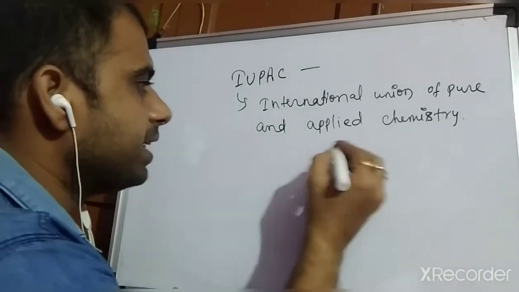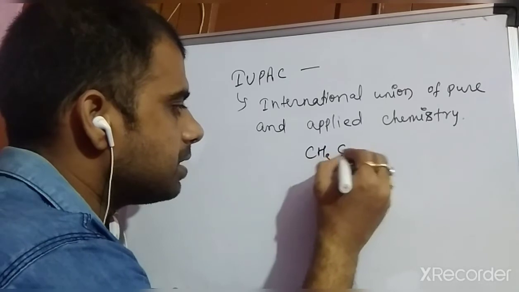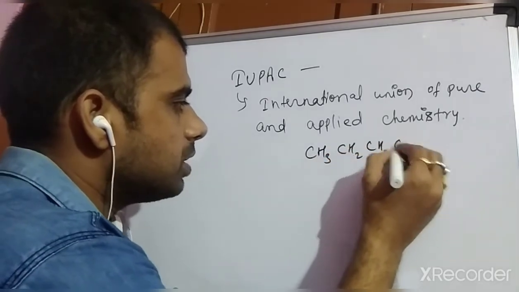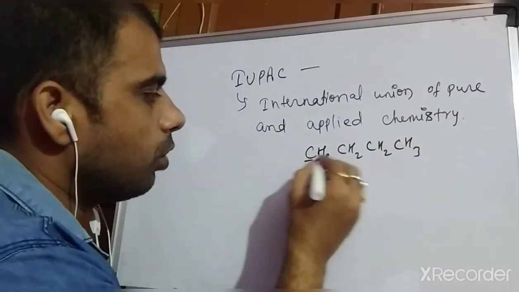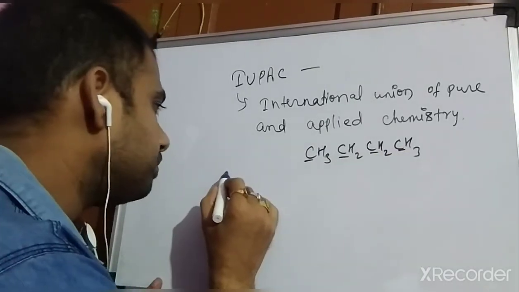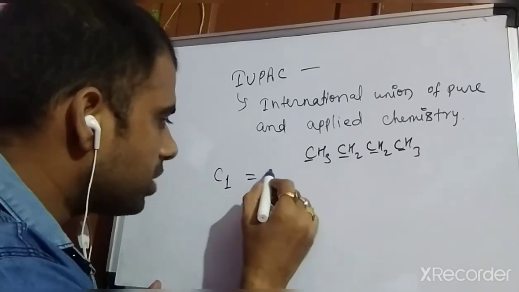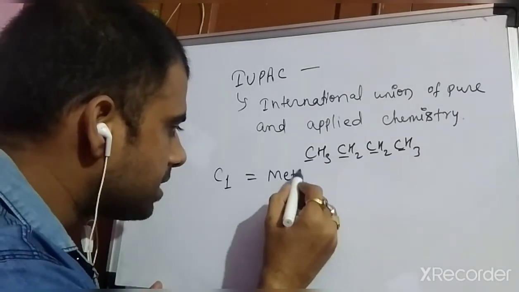Suppose some of the organic compound I am writing here: CH3, CH2, CH2, CH3. Here you can see 1, 2, 3, 4 number of carbons is there. So if only one carbon would be there in the organic compound, its word root can be written as meth.